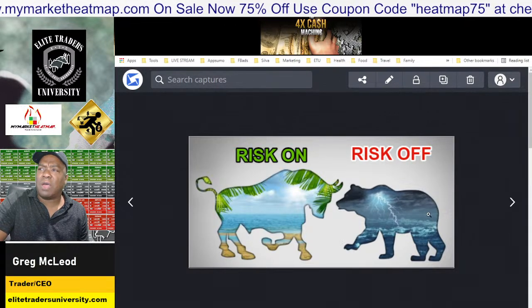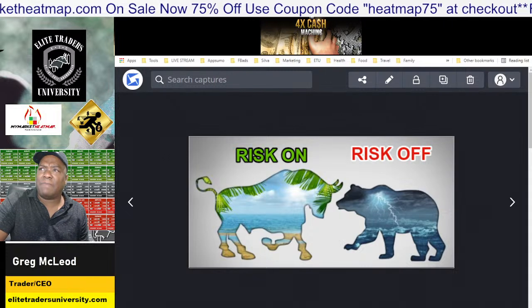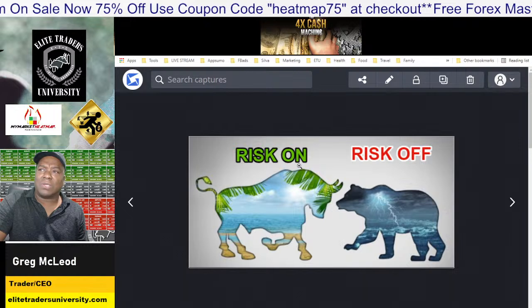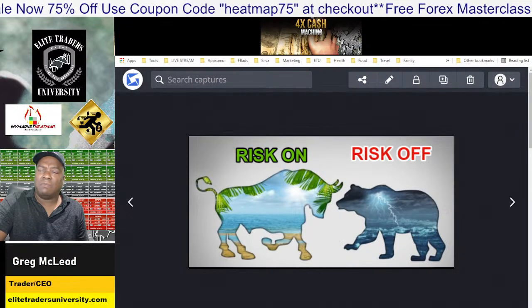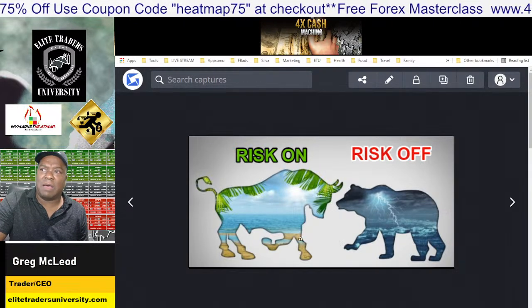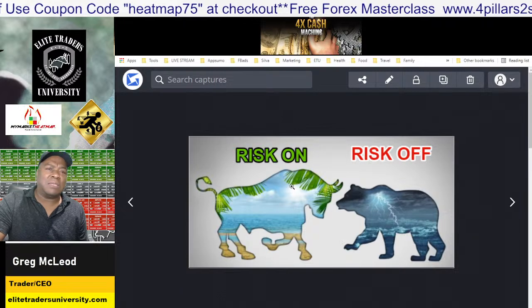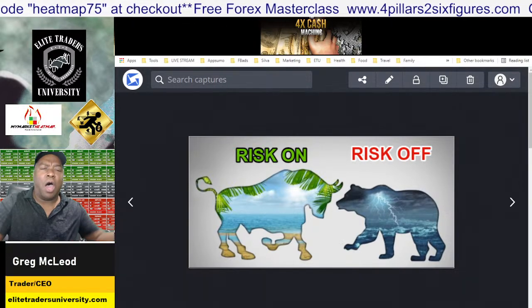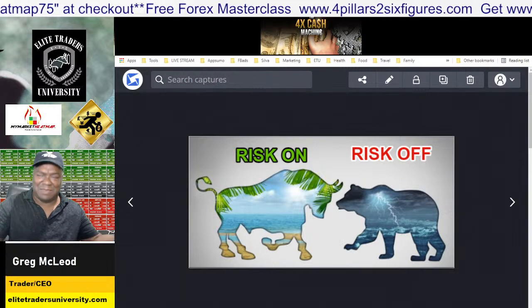Okay. But risk on, risk off is foundational, and it doesn't sound like it. You think risk on is like, oh man, I'm protecting myself. It's like really, risk on is less dangerous, so you want to take on risk, right? Because it's nice.